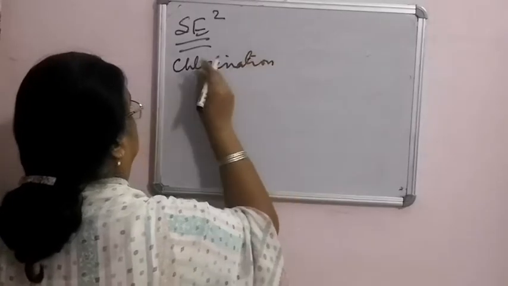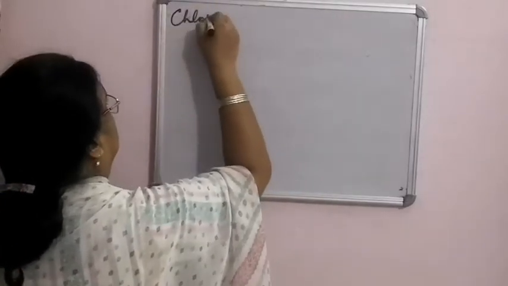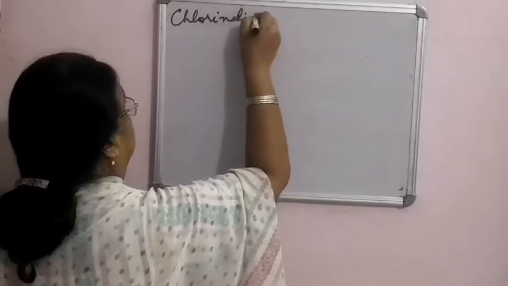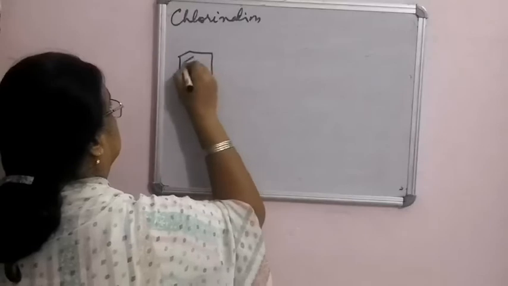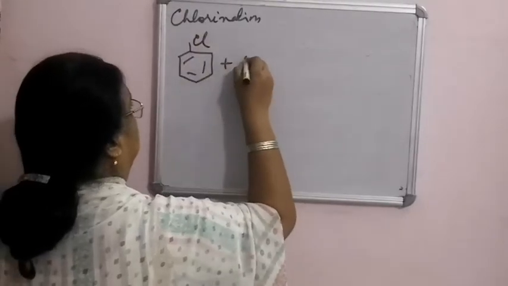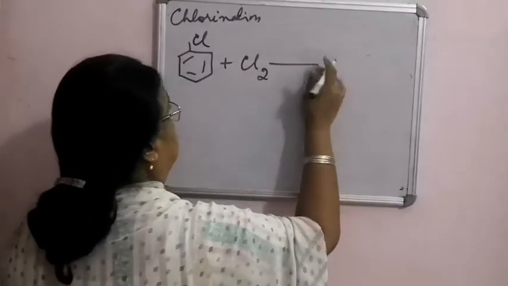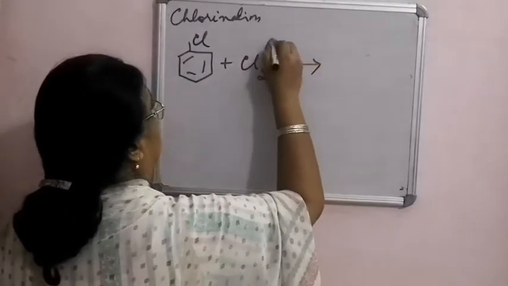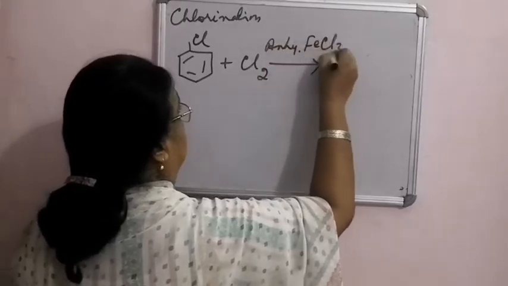Chlorobenzene combines with chlorine in the presence of a Lewis acid, that is anhydrous FeCl3.